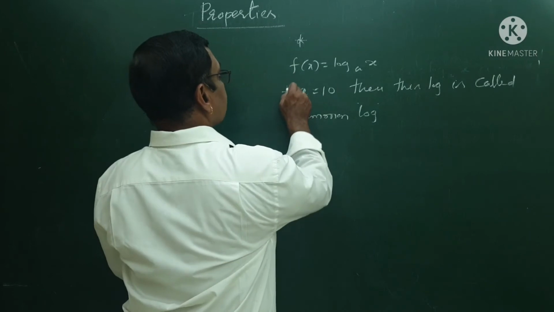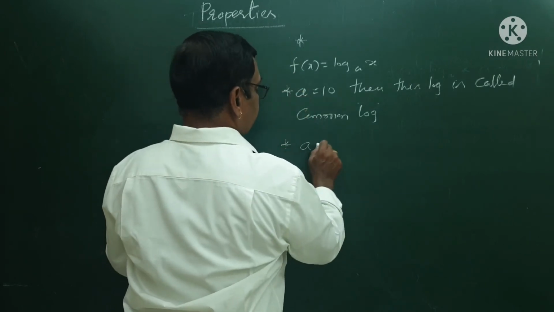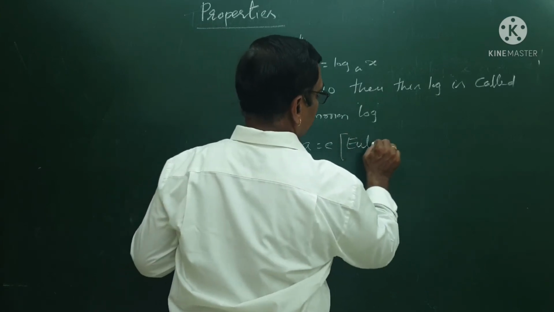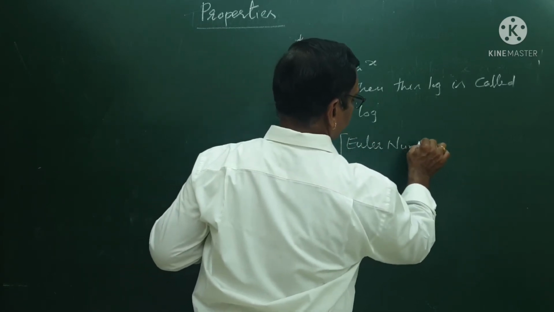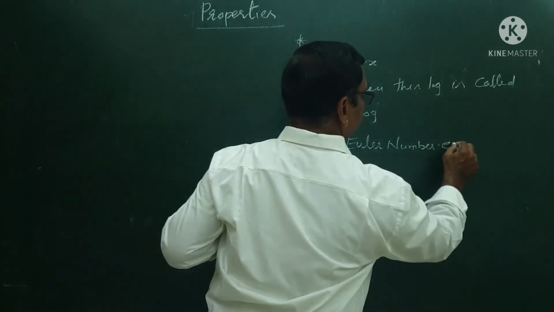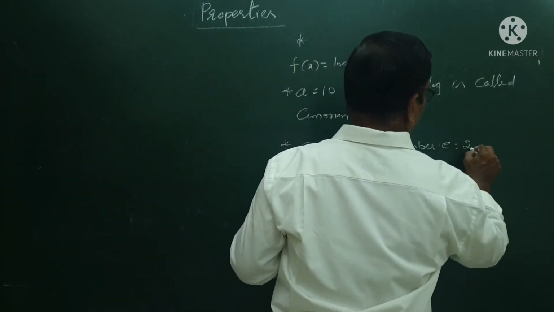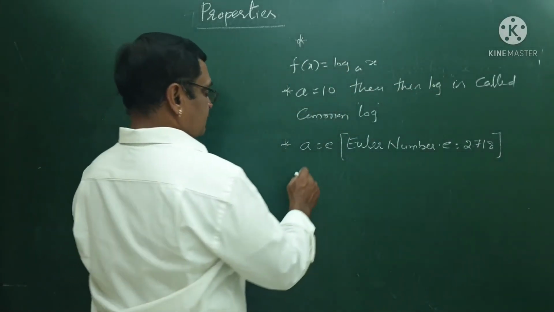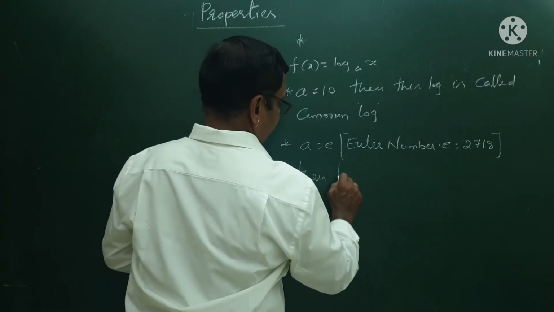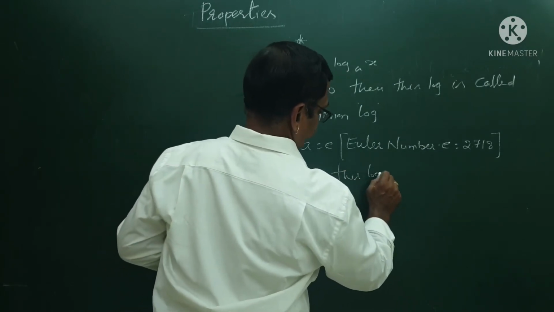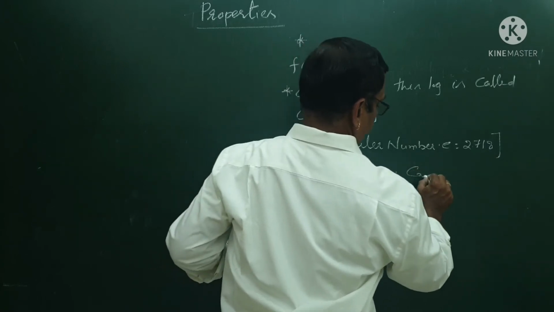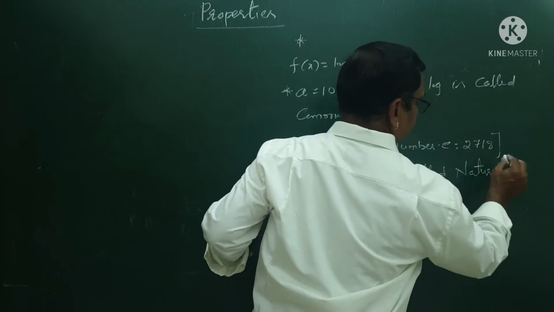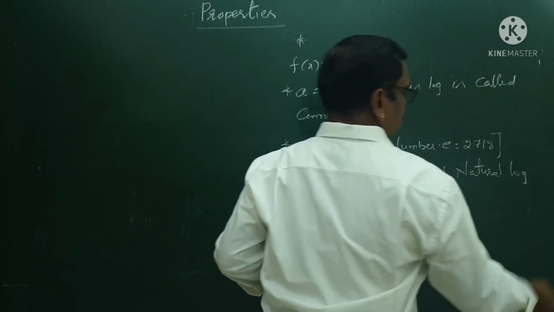Next one, if a is equal to e, what is e here? e is called the Euler number, e is approximately 2.718. Then this log is called the natural logarithm, or natural log.